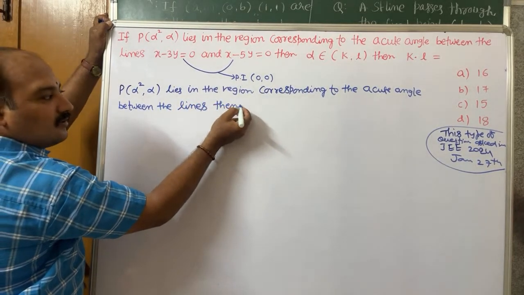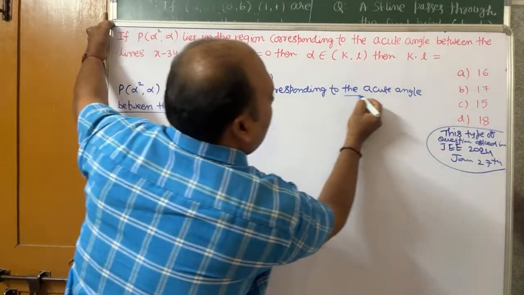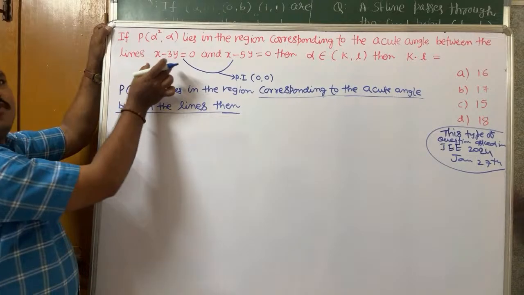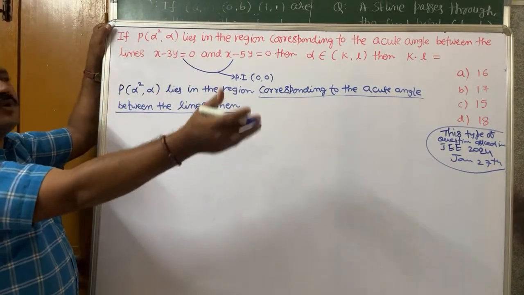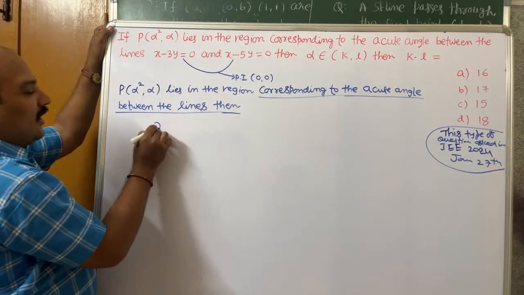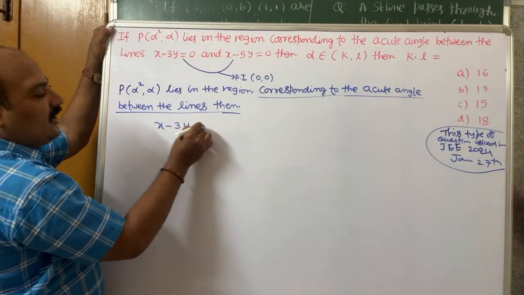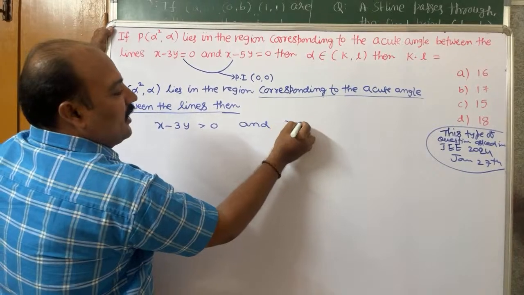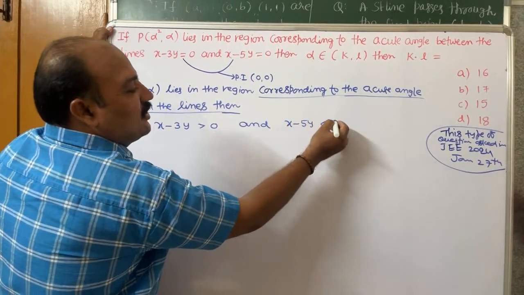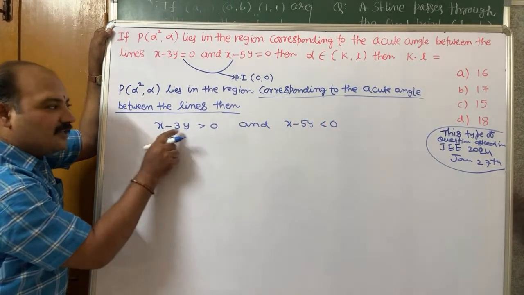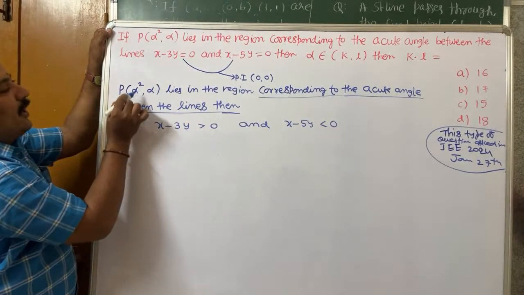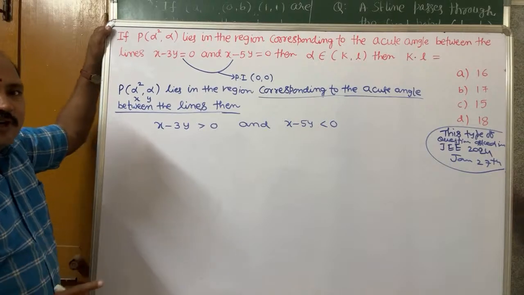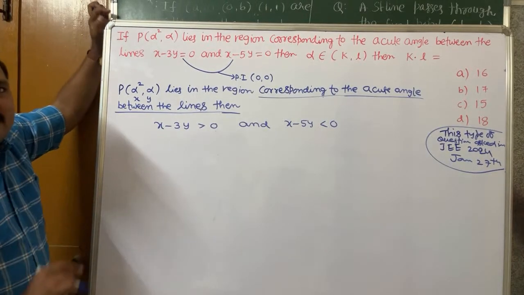Then, for the acute angle between the lines, one line, x minus 3y, is greater than 0, and x minus 5y is less than 0. In place of x comma y, this point alpha square comma alpha, substitute in place of x comma y respectively.